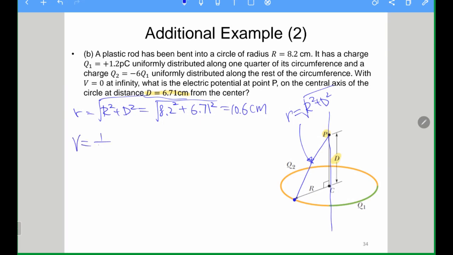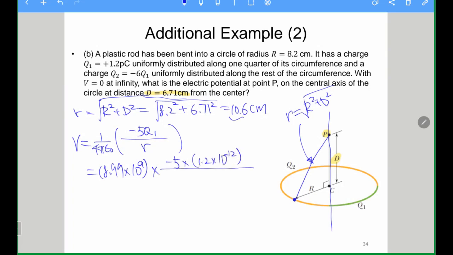So it is 1 over 4 pi epsilon naught, and then times, of course, q1 plus q2, which is q1 minus 6q1. So it is negative 5q1 over small r. Okay, so this is 8.99 times 10 to the ninth power, and then times negative 5 times 1.2 times 10 to negative 12 over this 10.6 centimeter, 0.106.